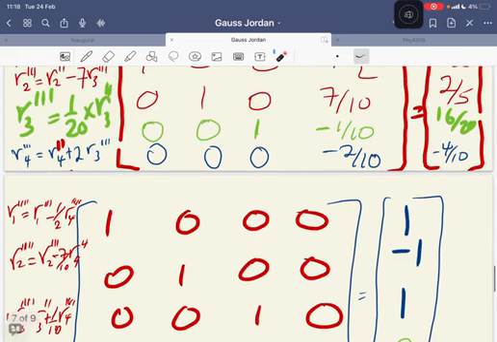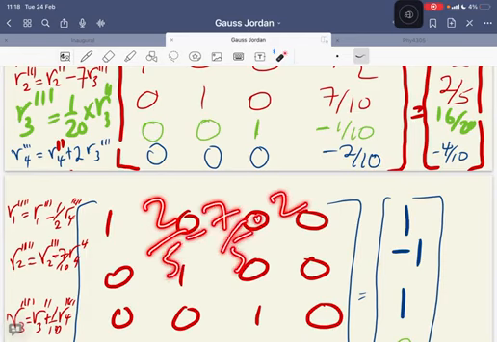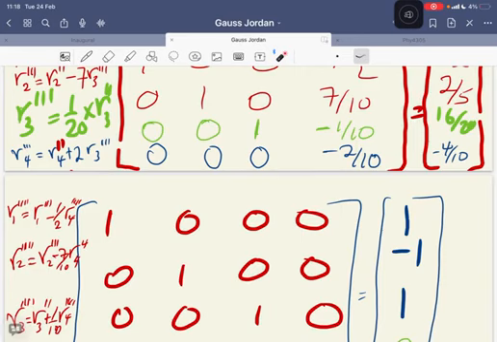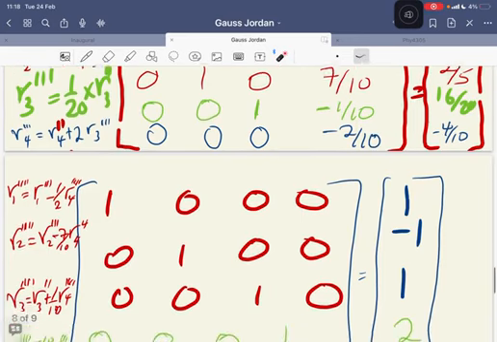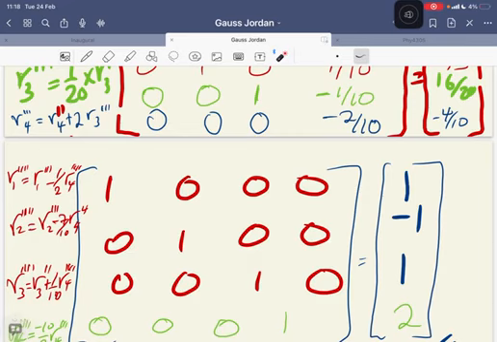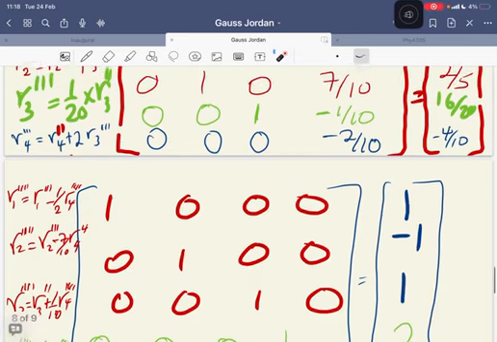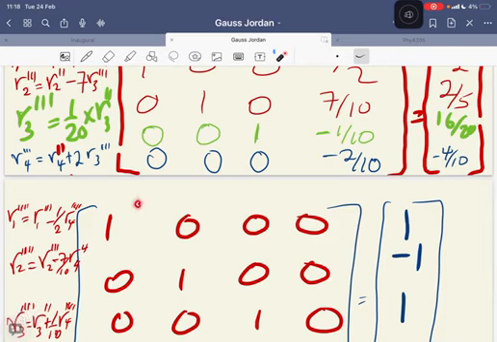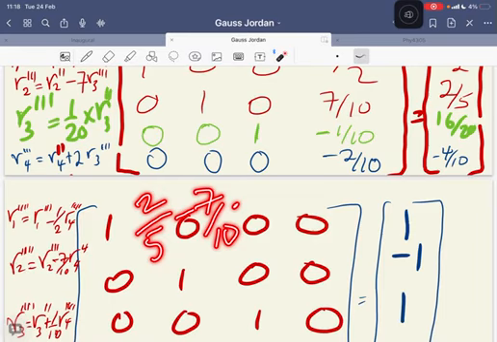So 2 over 5 minus 7 over 10 times 2. So this gives us 2 over 5 minus 7 over 5.